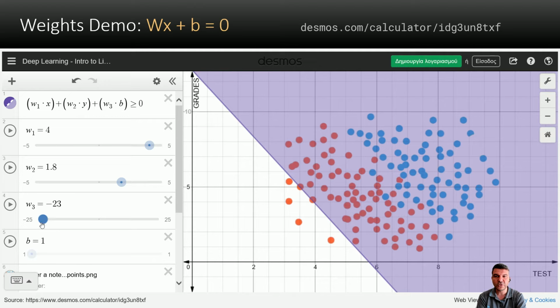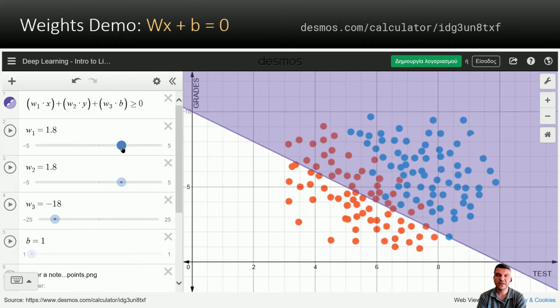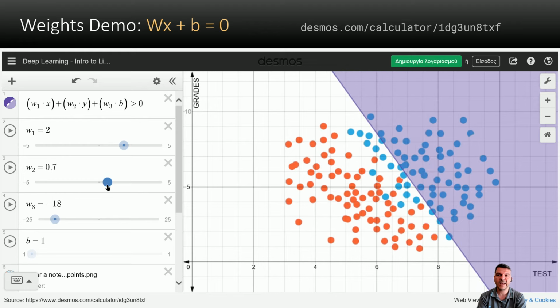So it would need to go to minus, let's say, 18, as we said. It would have to go to 2 here and 1 here, and this is 2 times x1, so it is 2 times the test, 1 times the grades, minus 18.